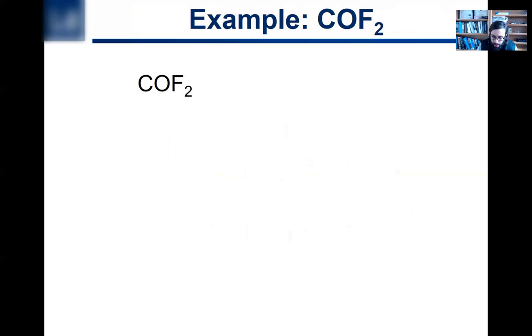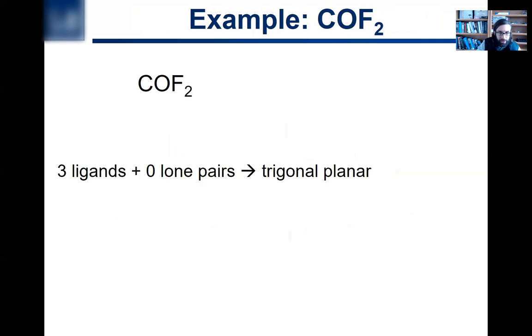All right, let's do another example. So this is COF2. So COF2, again, we're going to come up with the number of valence electrons to get the Lewis structure. Carbon has 4 valence electrons, oxygen has 6 valence electrons, fluorine has 7 valence electrons. And so 4 plus 6 is 10, plus 7 times 2, that's 24 valence electrons. Carbon's the least electronegative.